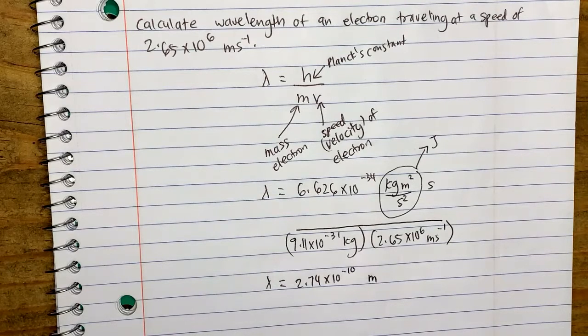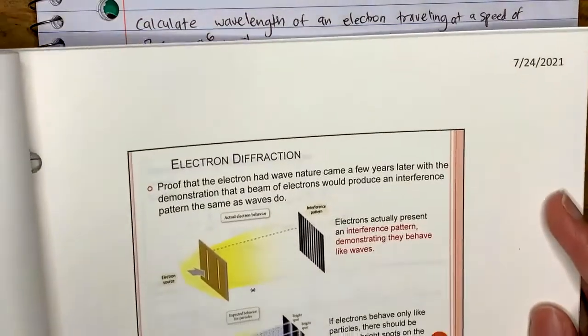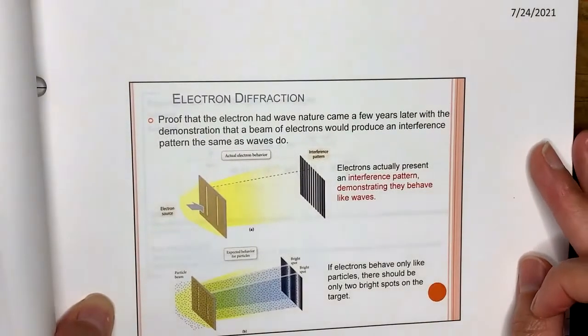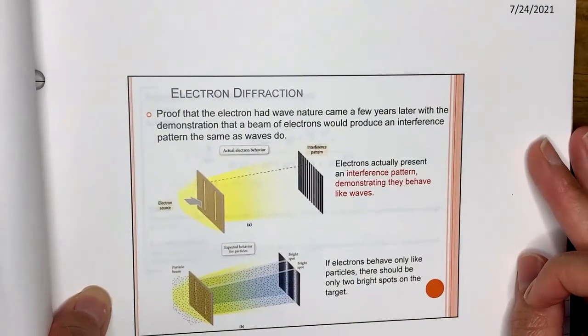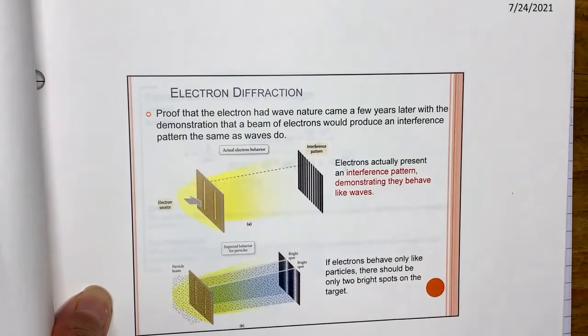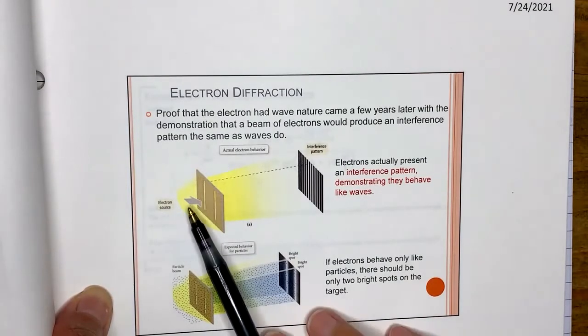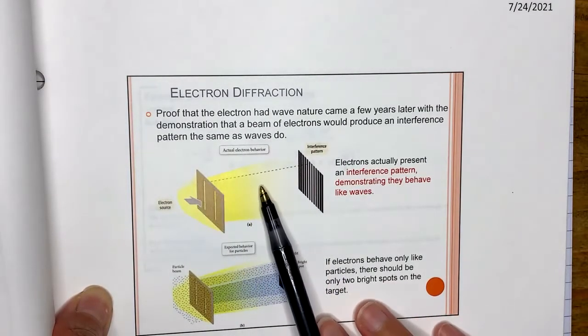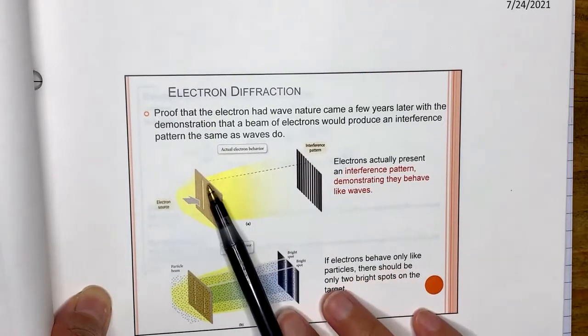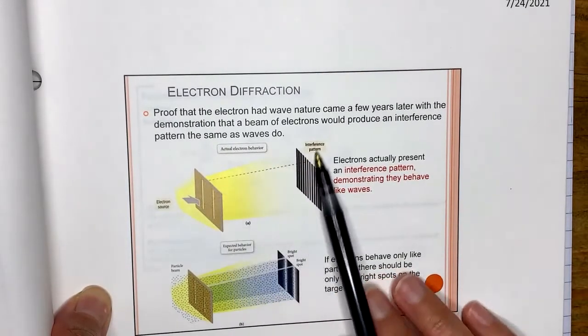So I'm going to show you some proof that they were talking about electrons as waves. It's really kind of crazy. A cool observation here: they noticed the electrons were producing diffraction patterns. They tried experiments where they had a source of electrons coming out, and what they observed was that if you put them through slits like that, you see an interference pattern.